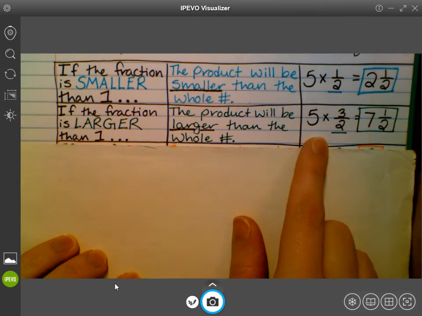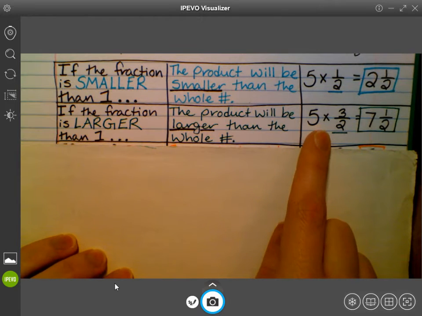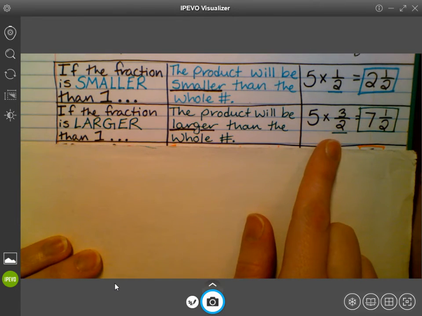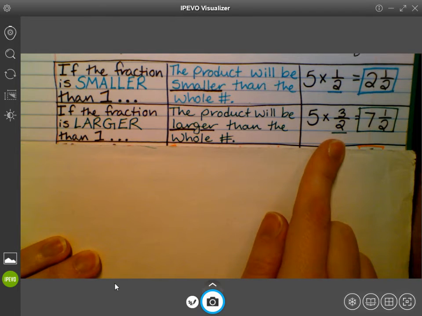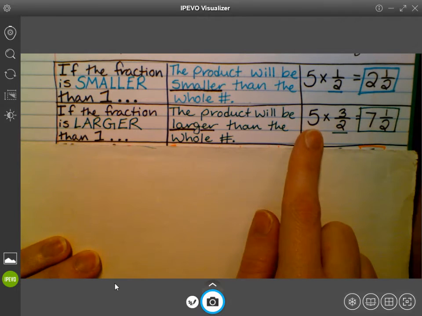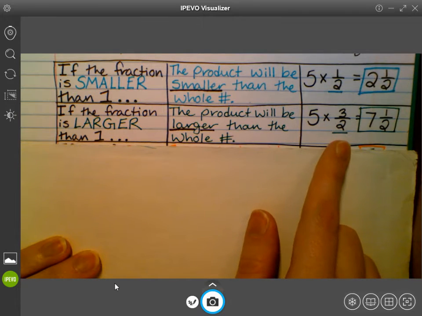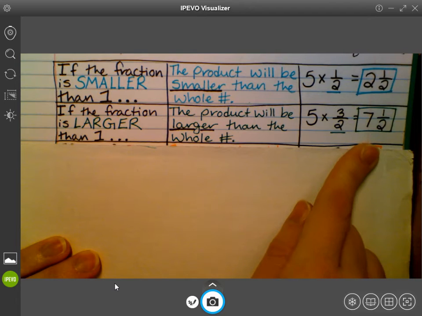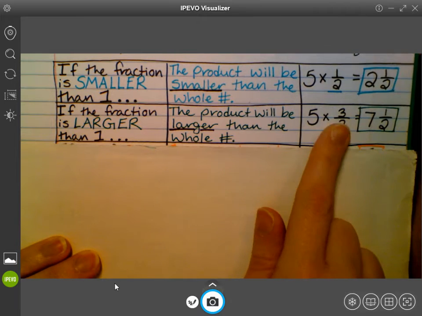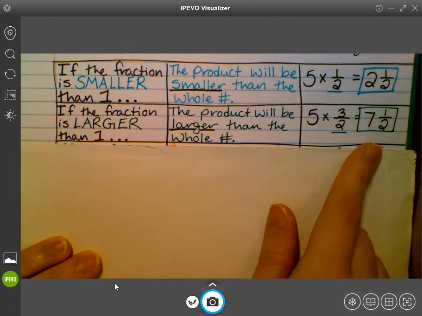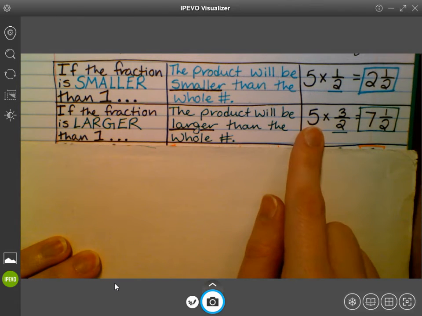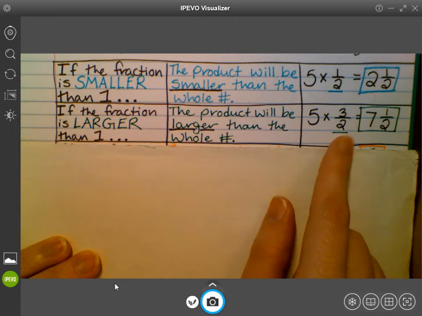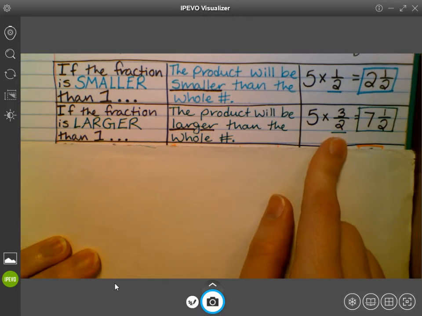Again, we have the whole number 5, but we're multiplying it by 3 halves. Now, 3 over 2 is an improper fraction, meaning it's larger than 1. So if I multiply 5 by an improper fraction, my answer is larger than the whole number 5. Again, 5 times 3 halves, I wrote the answer so that you could see. 7.5 is larger than 5 because we're multiplying it by a fraction that's larger than 1.